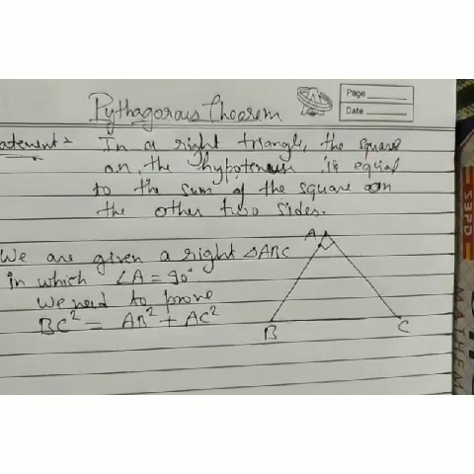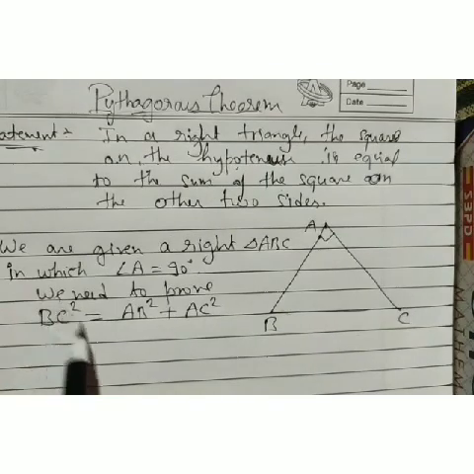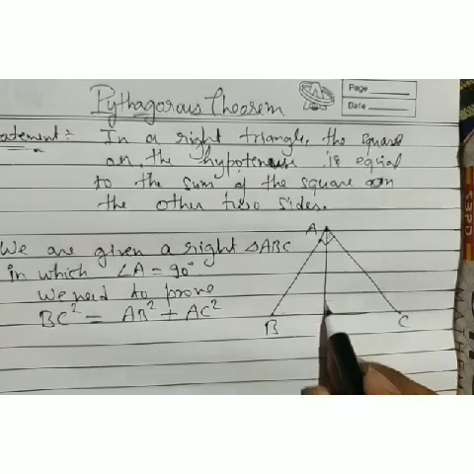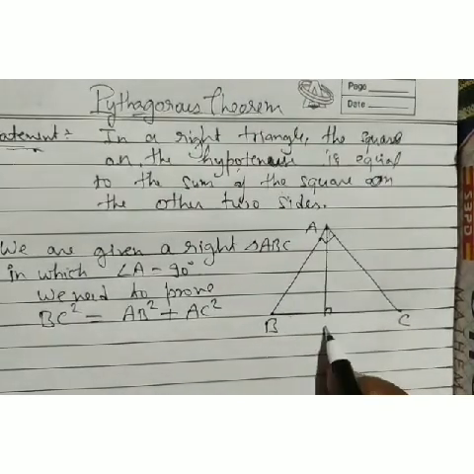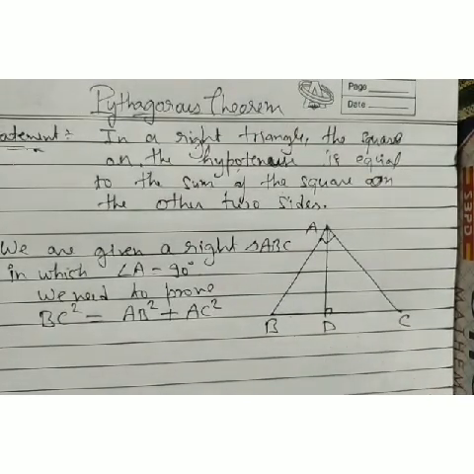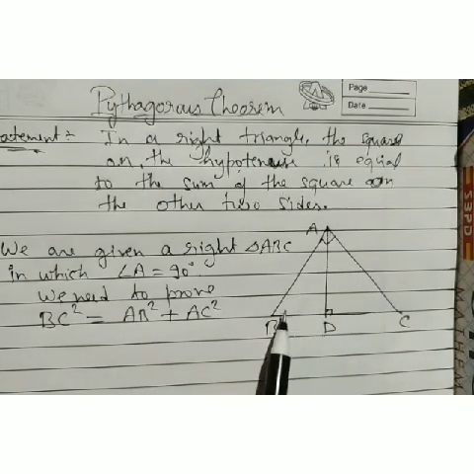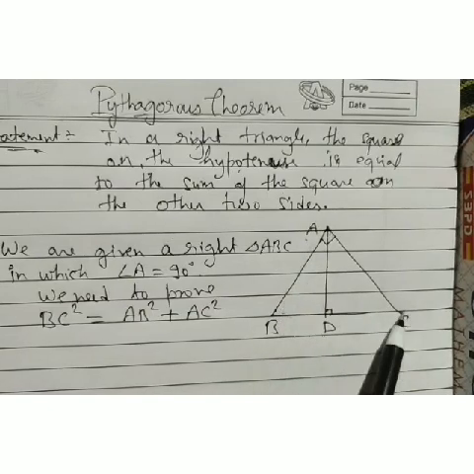Now in the construction part, we draw a perpendicular from vertex A to the side BC. Now our right angle triangle divides into two right angle triangles. In the figure we have three right angle triangles. The first is BAC.